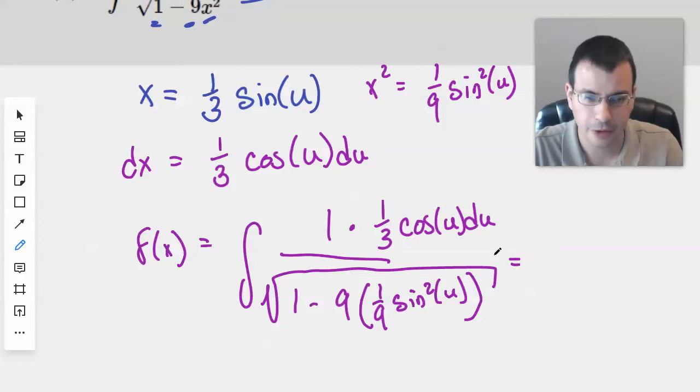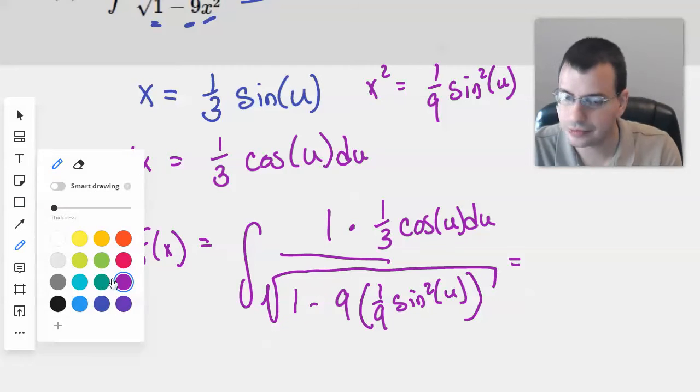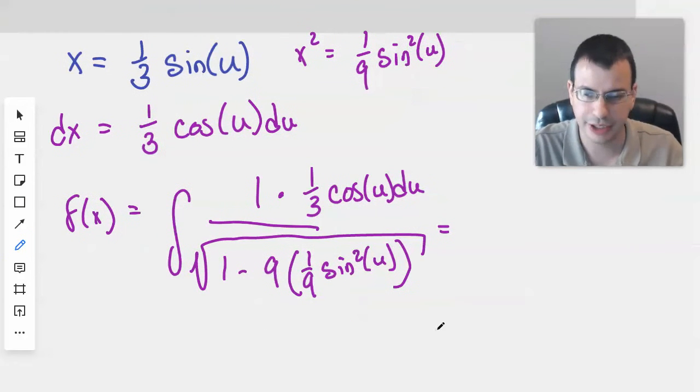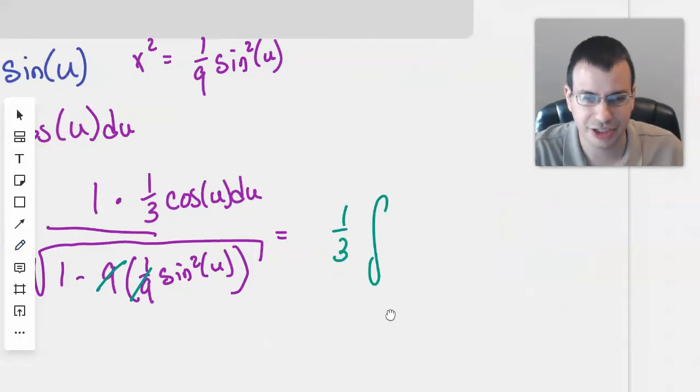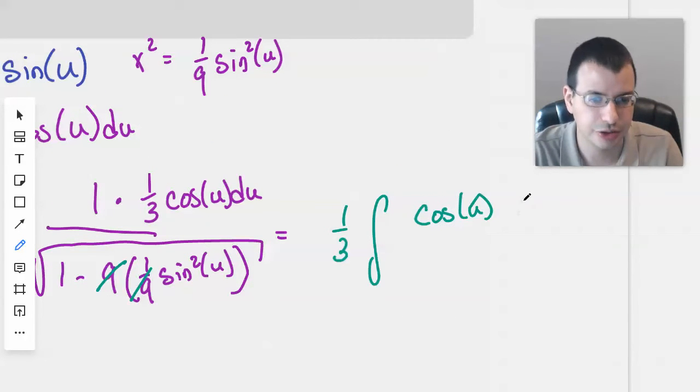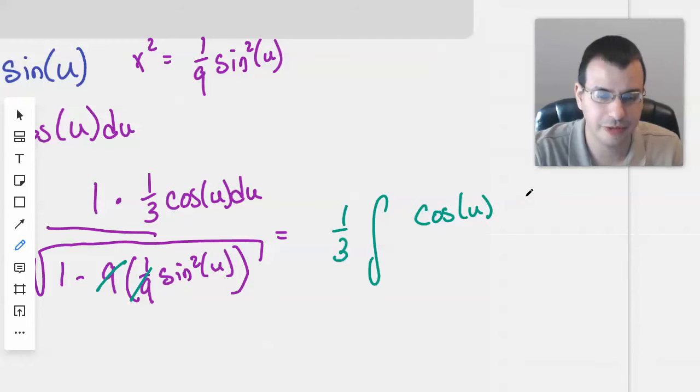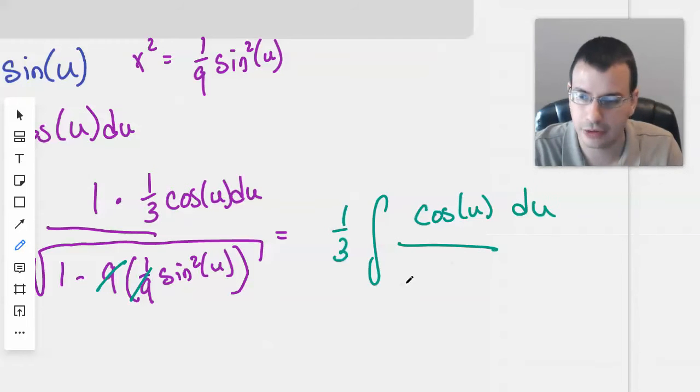Okay, rewrite this again. Now after you do this about a billion times, which you may or may not want to do depending on how good you want to get at it, you can basically start skipping steps, because you'll see where this is going. I try not to skip steps if I can help it, because I am not that proficient. Okay, square root of 1 minus sine squared of u.